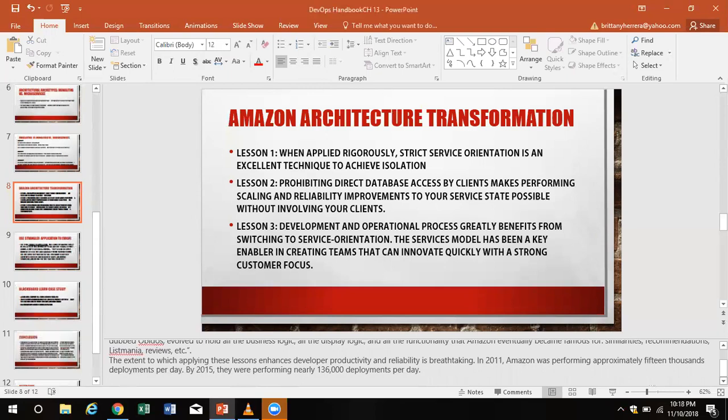Lesson two, prohibiting direct database access by clients makes it possible to perform scaling and reliability improvements to your service state without involving your clients. And lesson three, development and operational process greatly benefits from switching to service orientation. The services model has been a key enabler in creating teams that can innovate quickly with a strong customer focus.